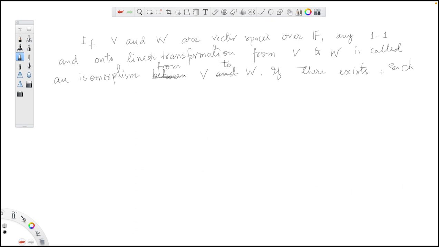Okay, so if there exists such an isomorphism between V and W, we say that these two vector spaces V and W are isomorphic to each other.